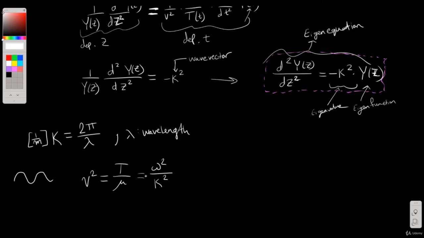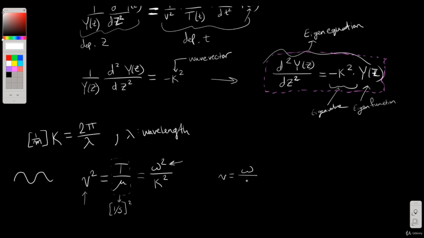And you can check for yourself that the units do indeed make sense here. So this omega squared, the relationship between this velocity term, which we've established, and we saw how T over mu had units of 1 over seconds squared. This omega and k are related to the velocity as, you know, the reciprocal of one another.